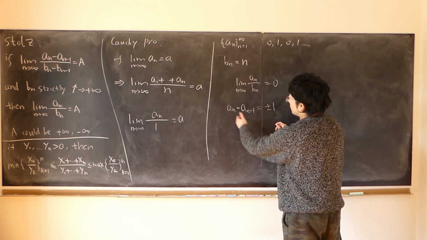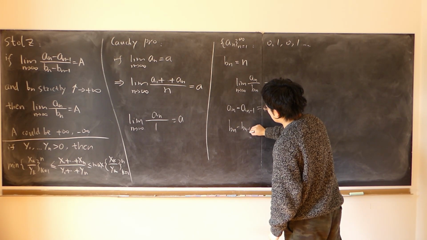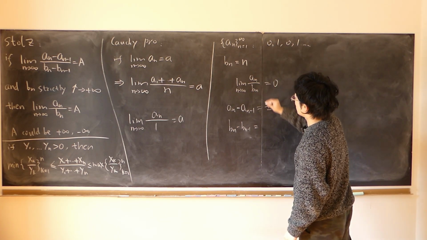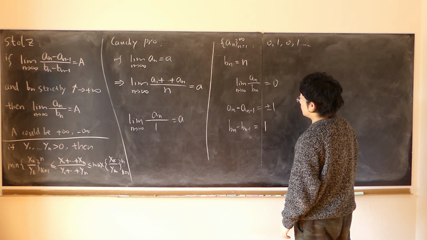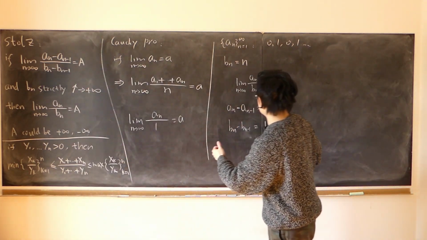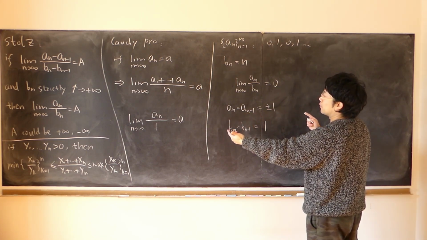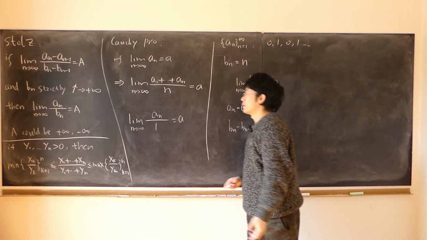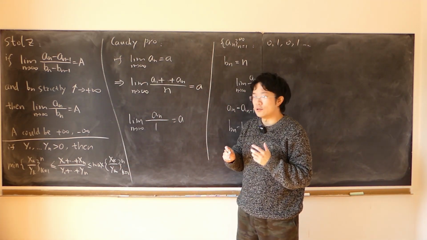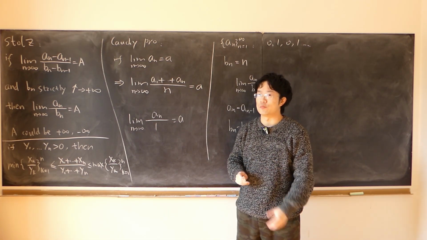But what's bn minus bn minus 1? That is just 1, right? Because it's n minus n minus 1, that's 1. And so does this limit exist? No. It turns out to be jumping in between positive 1 and negative 1, so there's no limit. So the inverse statement may not be true. But if we add some additional condition, it may be true, which I will probably demonstrate in a future video.